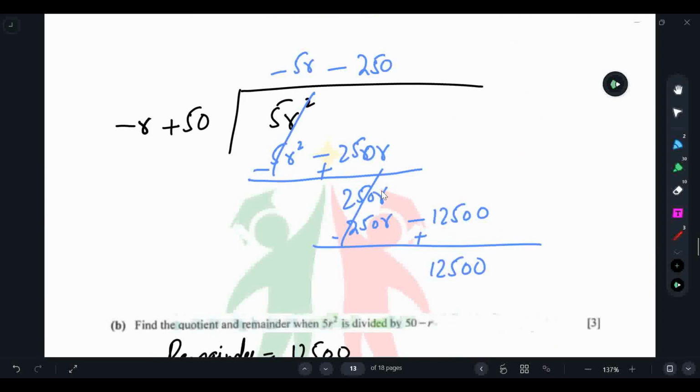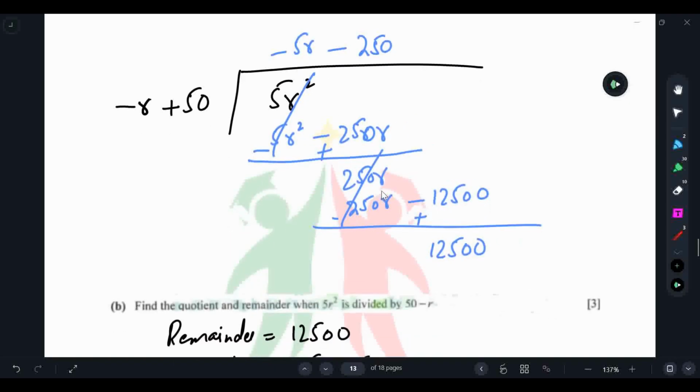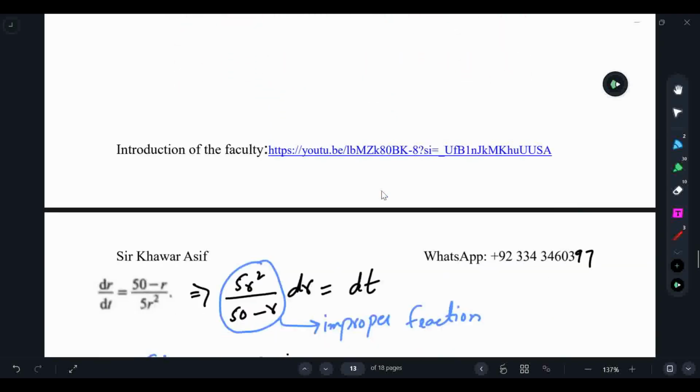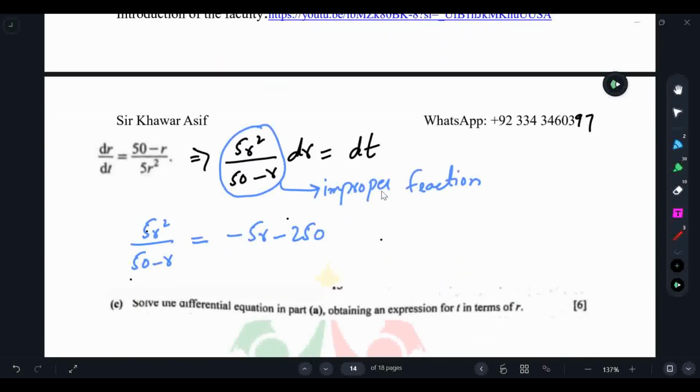Let me check it again. Okay, minus 250, yes. And then plus 12,500 divided by 50 minus r.